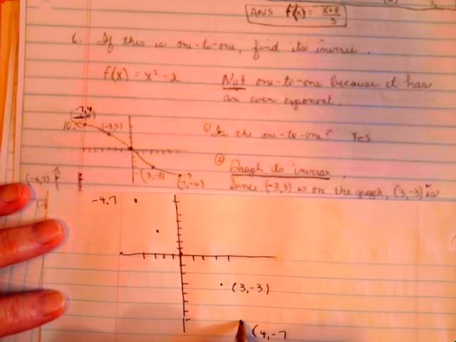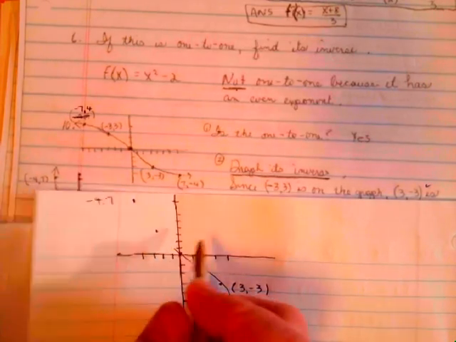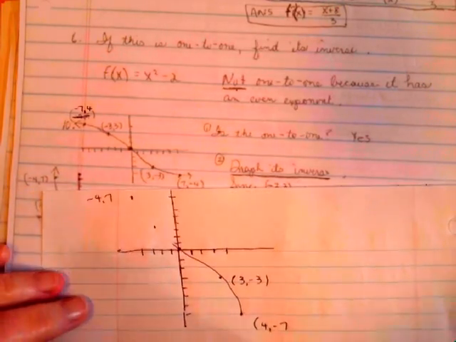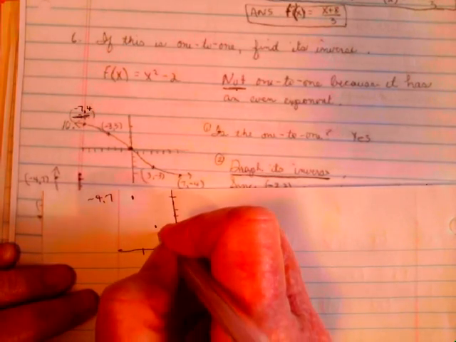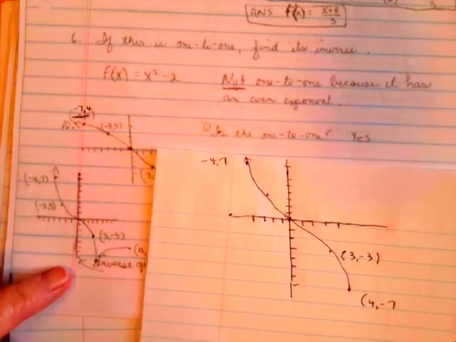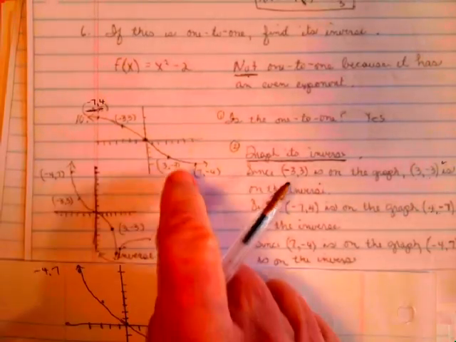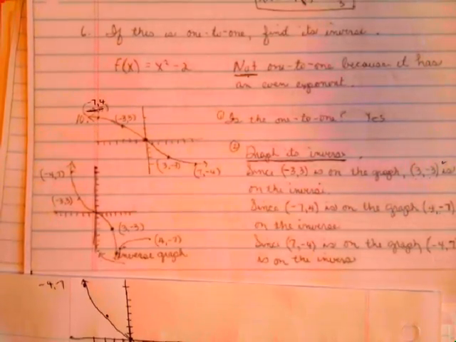And whenever I draw a curve through these points, I come out with something that looks about like this. And this is the inverse of this graph.